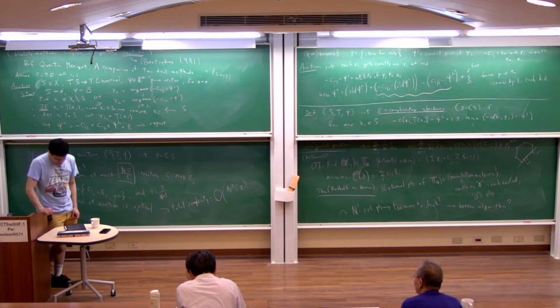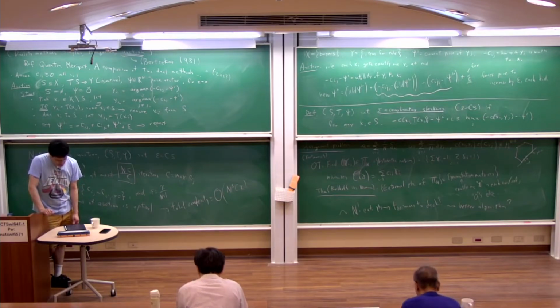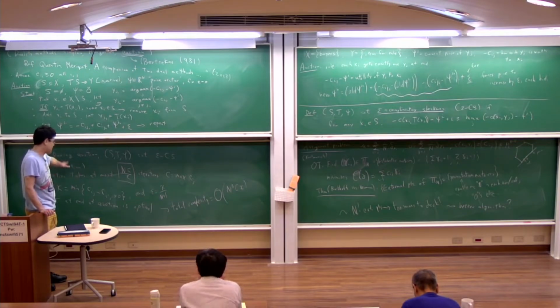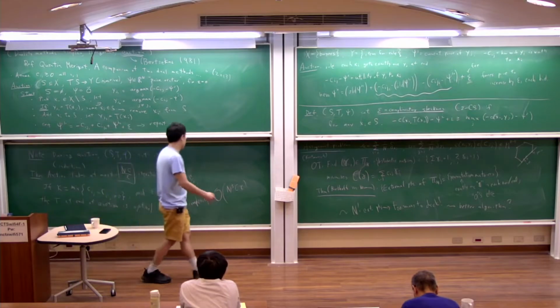Okay? And then the second thing is, once you look at what you end up with at the very end of the auction algorithm, you will see something like this.